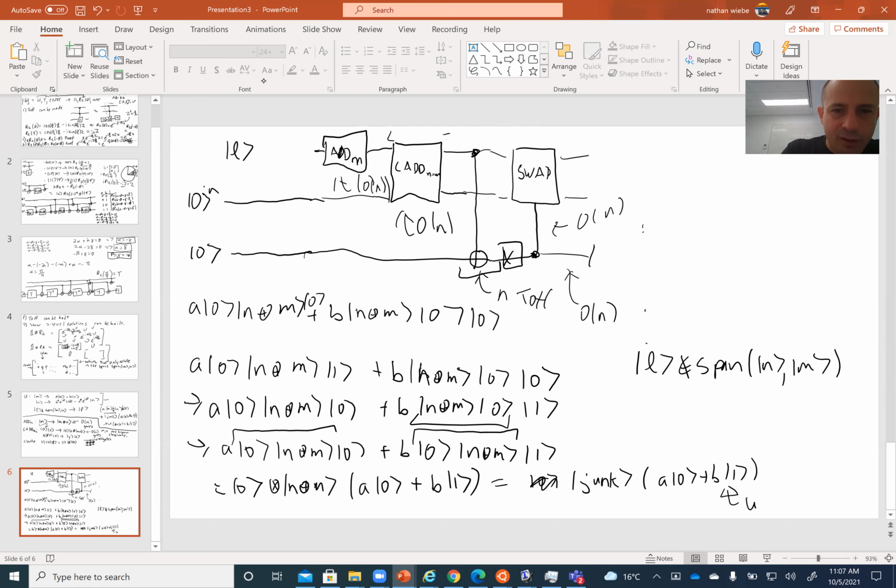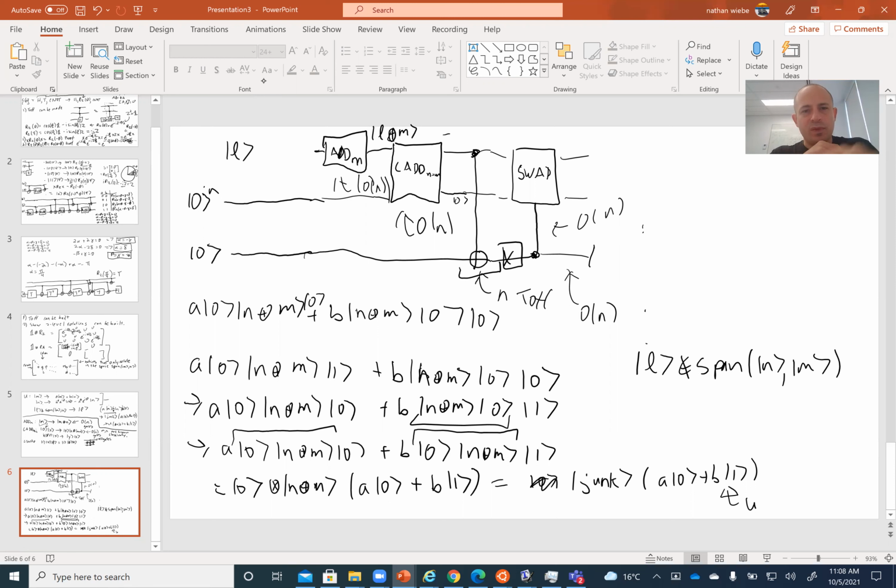If I start with L, which is guaranteed to not be in the span, then I'll have L exclusive OR M coming through this. And now this is not going to be equal to 0 by definition, because L can't be in the span, and therefore L cannot be equal to M. So this first register is not going to apply anything down here. So this is going to remain 0.